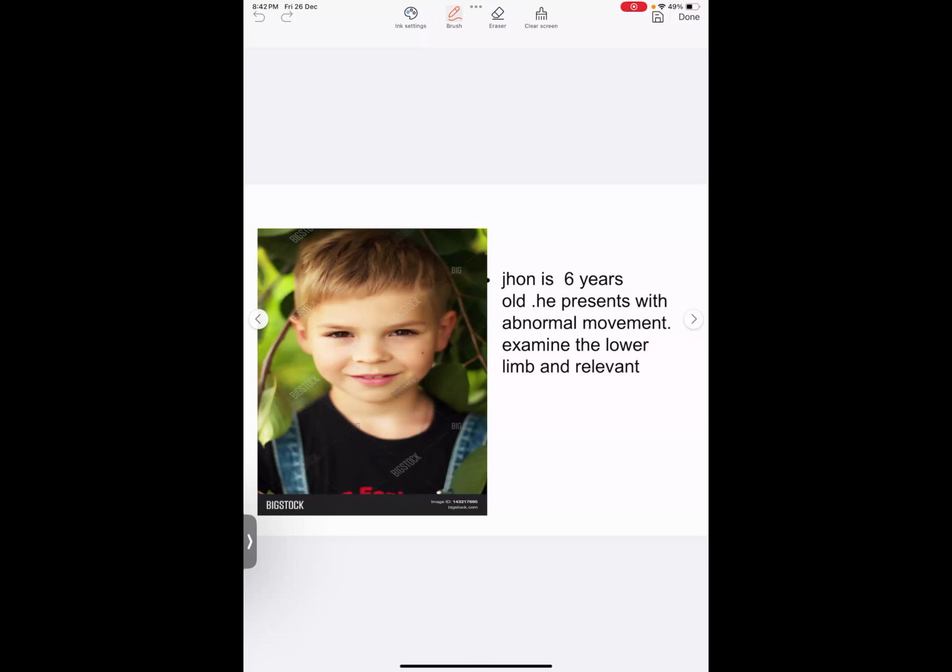Then I will tell my examiner that today I examined a 6 year old boy, John, who has a problem on the right side.